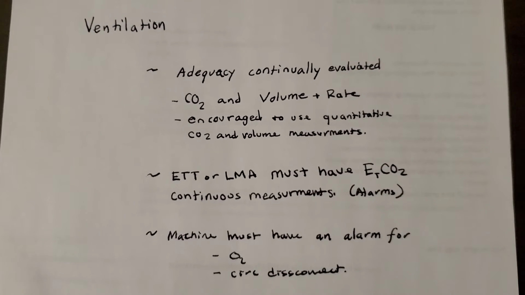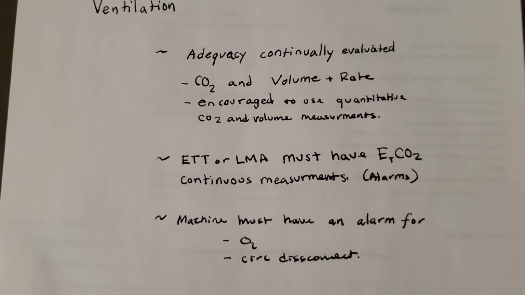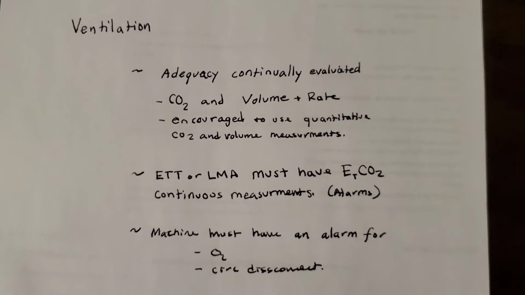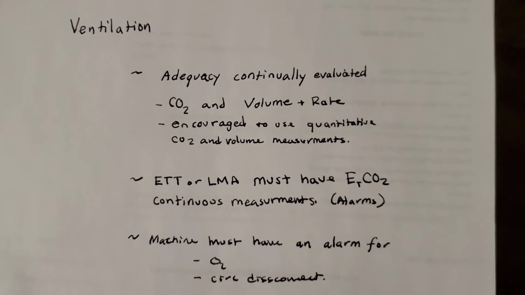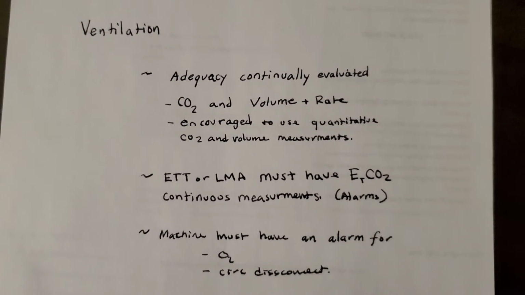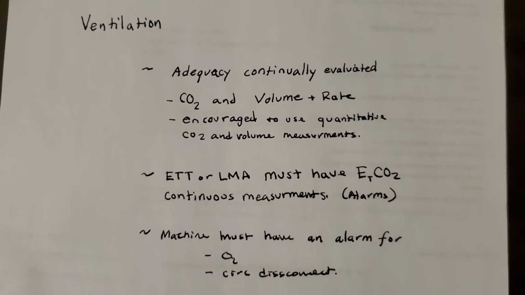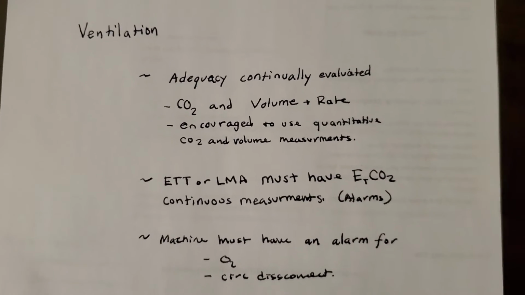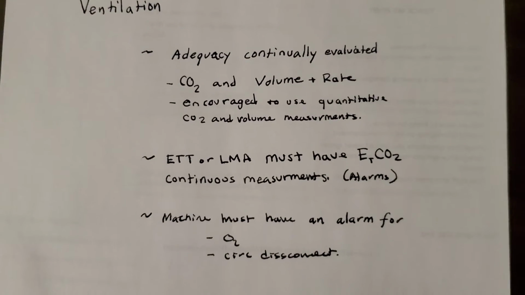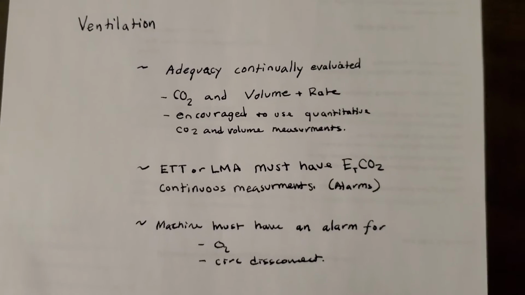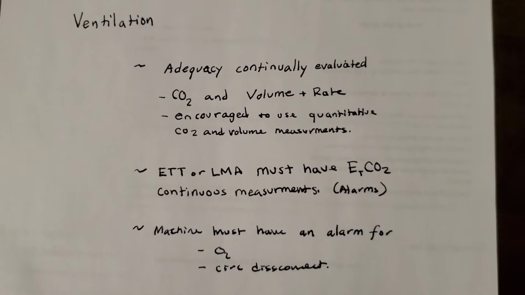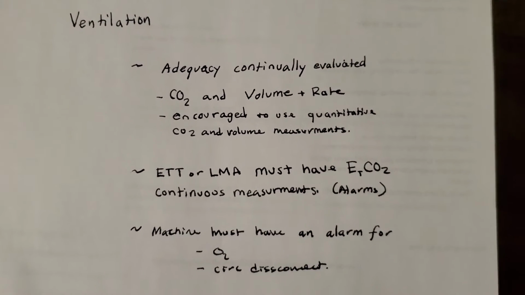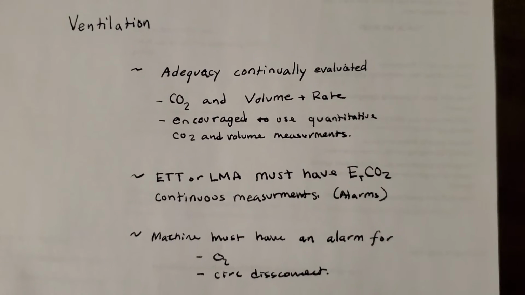They don't want to hear the beeps and stuff like that. That's poor practice, don't do that. Just monitor your beeps, and your machine should be able to alarm you when the circuit disconnects, which happens quite often for whatever reason. When you're moving a patient or something like that, it will happen to you.